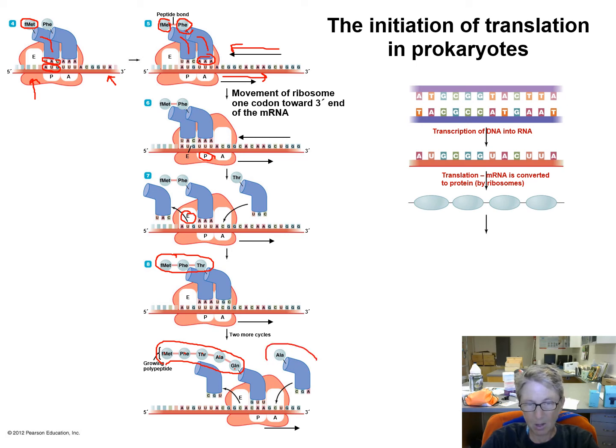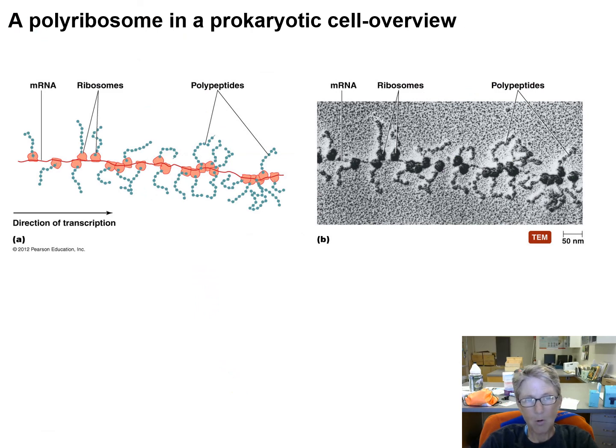And then here comes the next transfer RNA, bringing the amino acid alanine, and this transfer RNA will arrive in the acceptor site. And then the whole thing will move, you'll form a peptide bond, and eventually your polypeptide will form. And then the messenger RNA will fall off the ribosome, and you will have made your polypeptide. In a prokaryotic cell, you have a polyribosome, so you've got ribosomes translating proteins all along the messenger RNA.